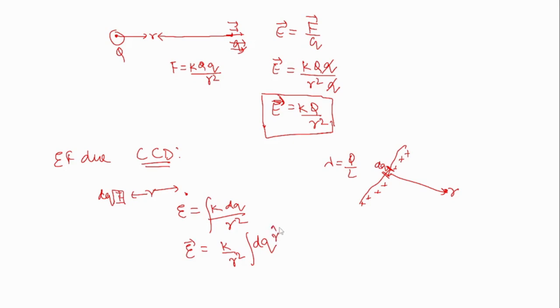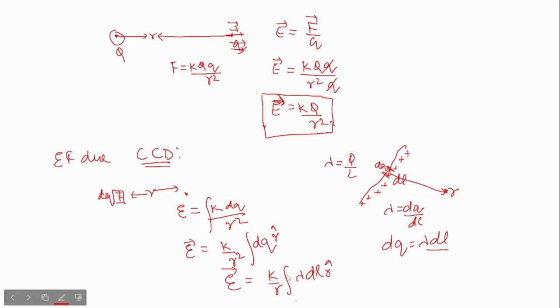Now for linear charge density, let lambda is equal to q by L, so considering an elemental length dl having charge dq, lambda is dq by dl, so dq is lambda times dl. Putting this value here, we get the electric field intensity K over r square lambda dl r-hat, and we integrate this. This is the electric field intensity due to linear charge distribution.